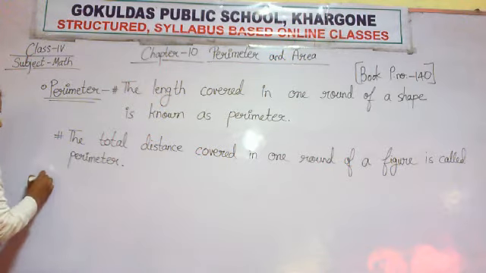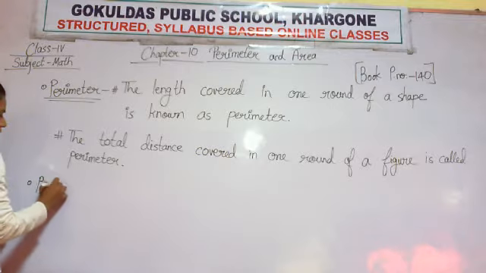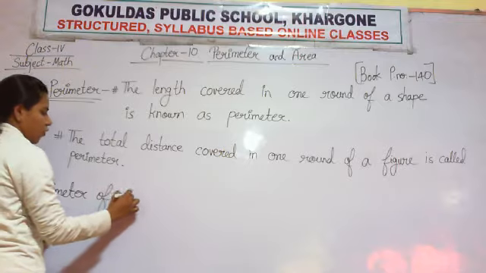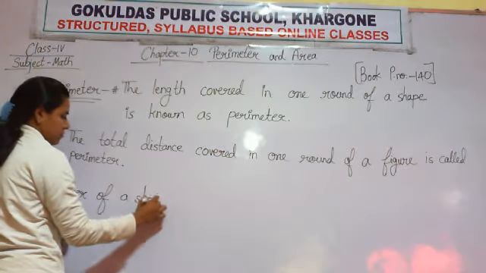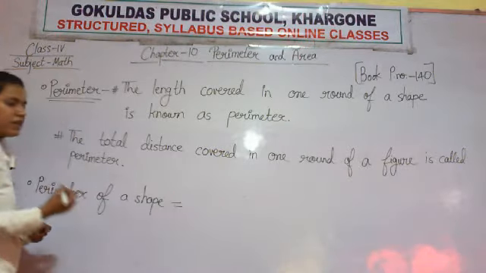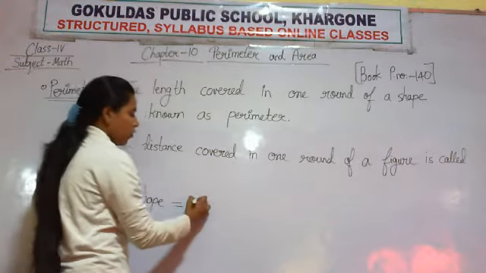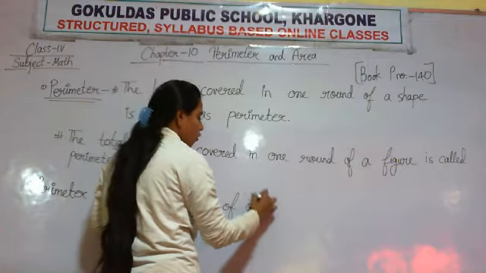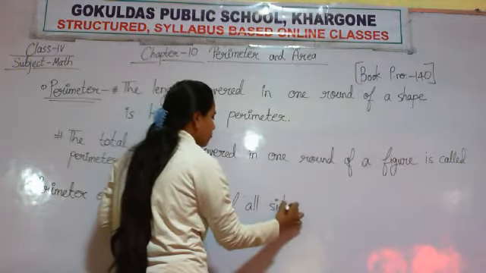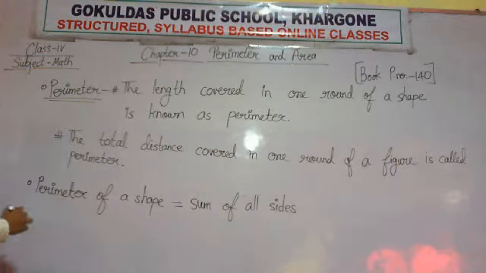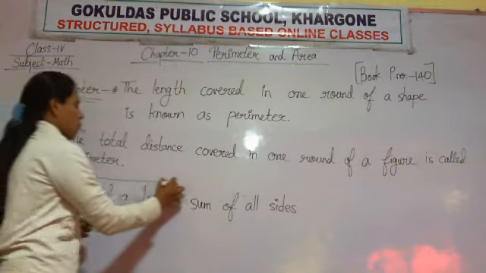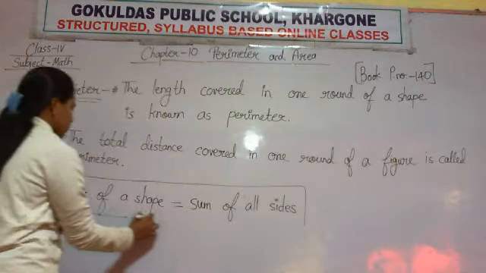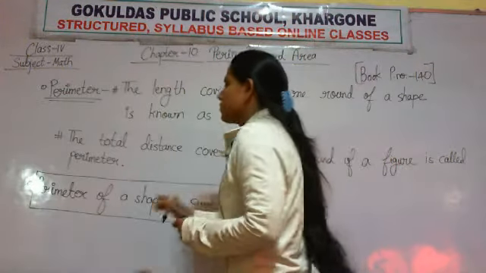Also write this formula. Perimeter of any shape is equals to sum of all sides. Learn this formula. It is a formula to learn. So in your copy you will note down these two definitions and this one formula.